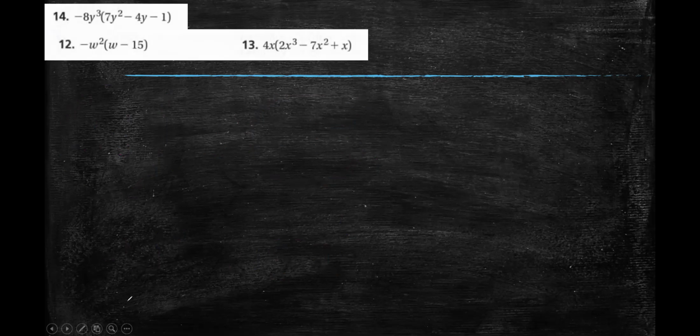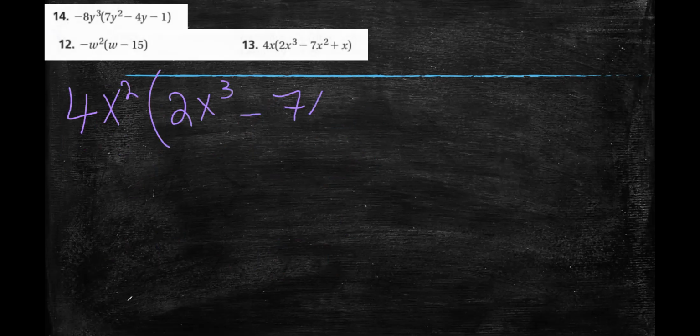In number 13 here, we have 4x squared multiplying by 2x cubic plus 7x squared plus x. The first step: let's multiply this term with this term.